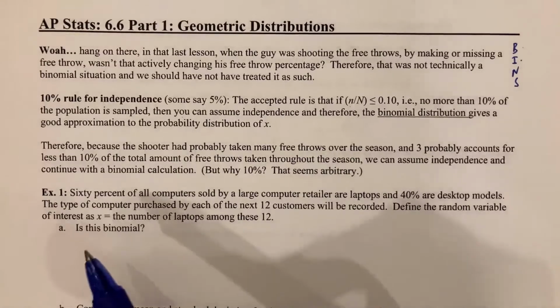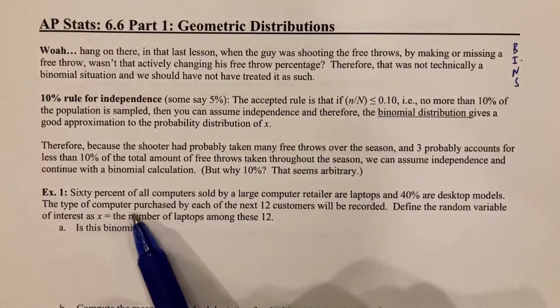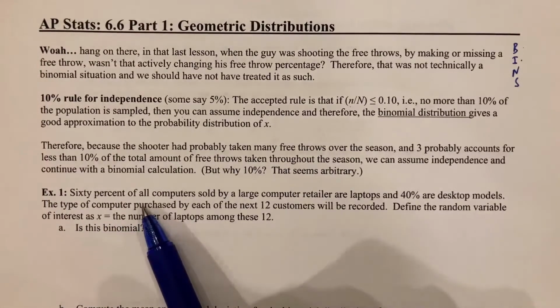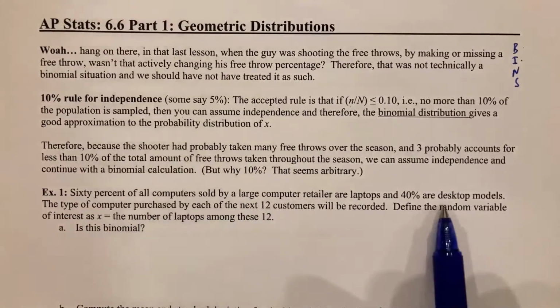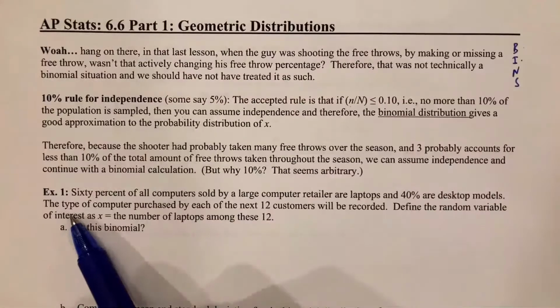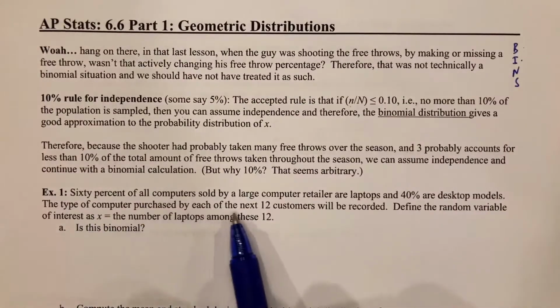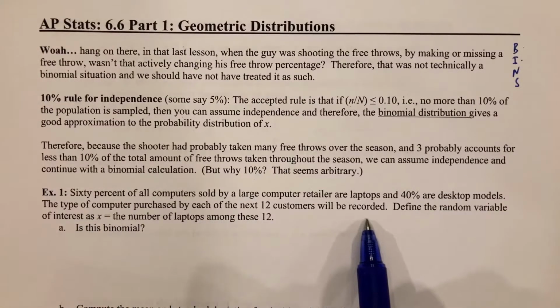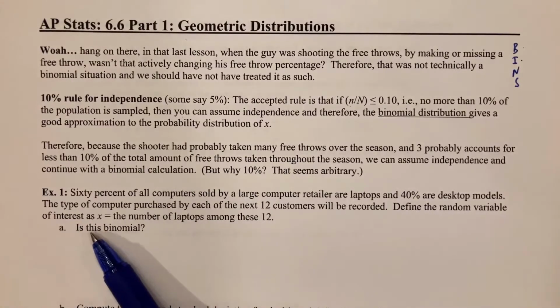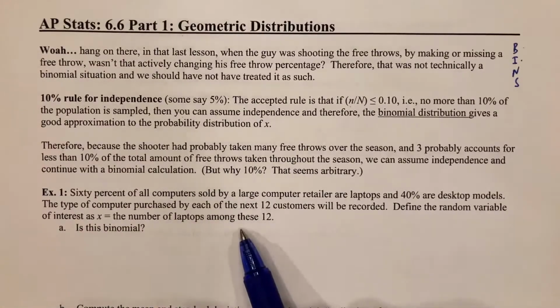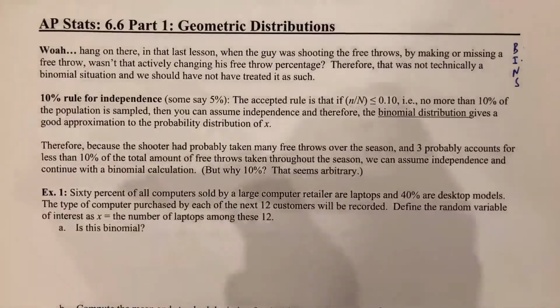So for example, 60% of all computers sold by a large computer retailer are laptops, and 40% are desktop models. The type of computer purchased by each of the next 12 customers will be recorded. Define the random variable of interest as the number of laptops among these 12. All right, so is this binomial?